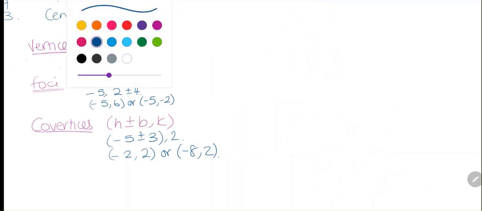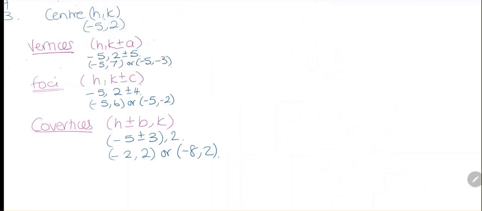So now we need to graph. So we know the center. So if we had our coordinates, so 1, 2, 3, 4, 5, minus 5, and 1, 2, 3, 4. So 2.